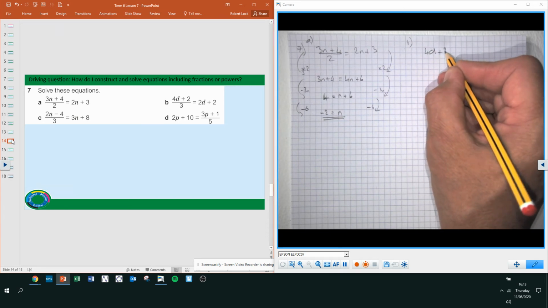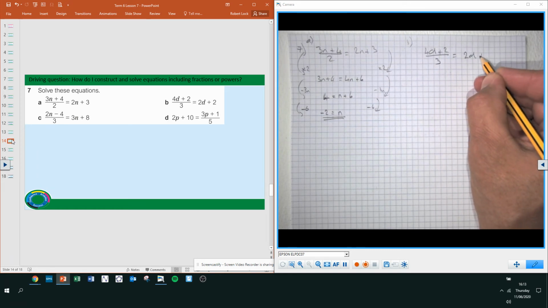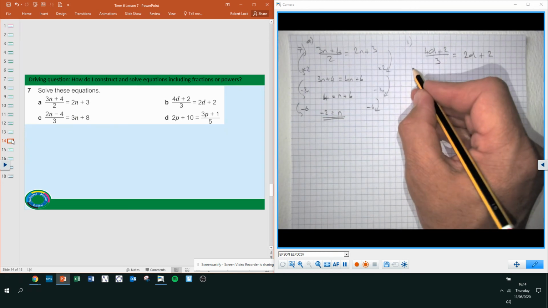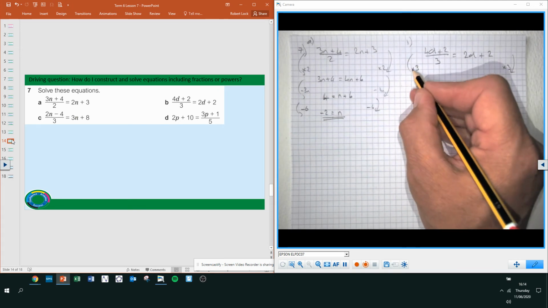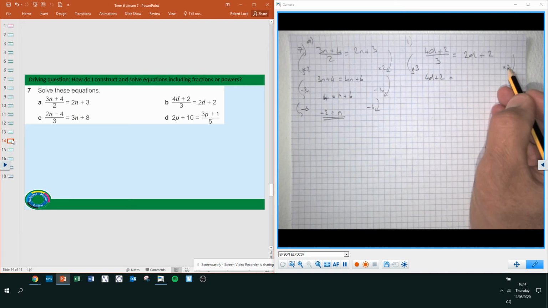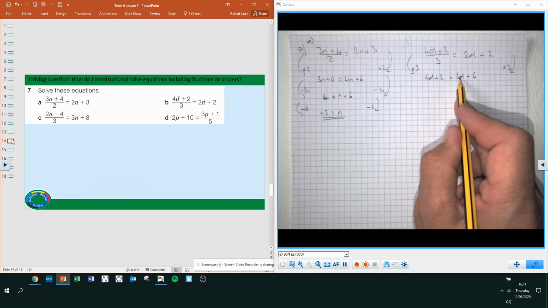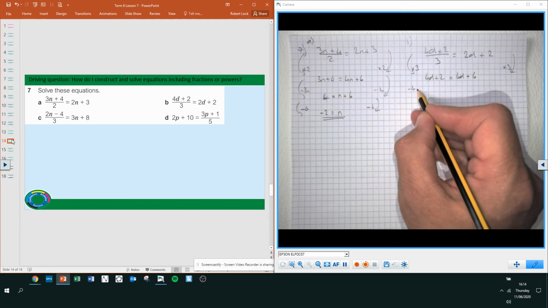B. 4d plus 2 over 3 equals 2d plus 2. Get rid of the divide by 3, we times by 3 on both sides. That becomes 4d plus 2 equals 2d times by 3 is 6d, 2 times 3 is 6 as well. 6d, 4d, more d's over here, so take these away from here to the other side. So take away 4d from both sides.